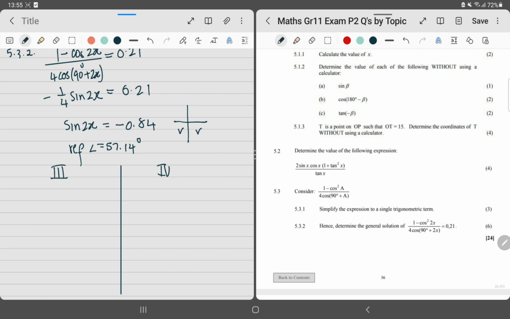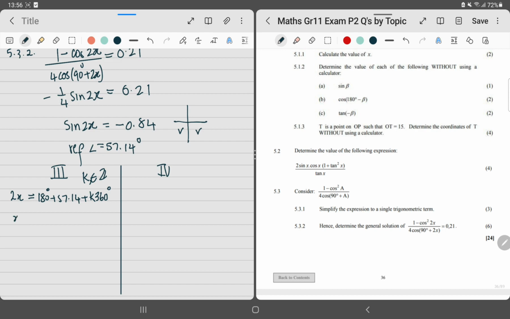And then we are working in the third and in the fourth quadrant. So in the third quadrant, 2x should be equal to our reference angle. When we are working in the third quadrant, we'll say 180 plus the reference angle. So this should be 180 degrees plus 57.14 plus k times 360 degrees, where k is an element of the integers.